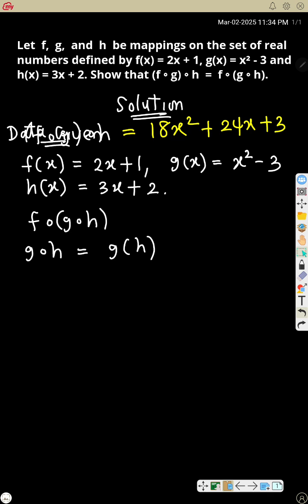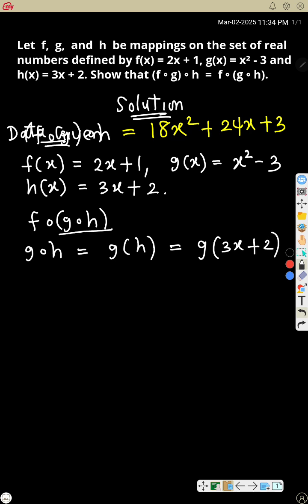And what is your h? We always do what we have in brackets first. So what is your h? That means g of h is equal to g of, our h is 3s plus 2. So that is g of h.